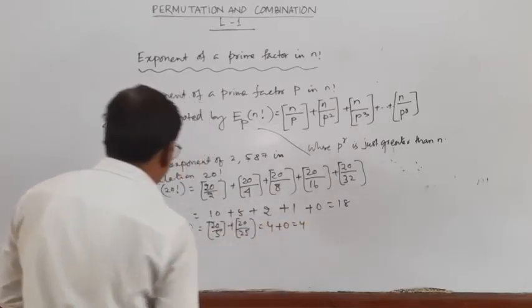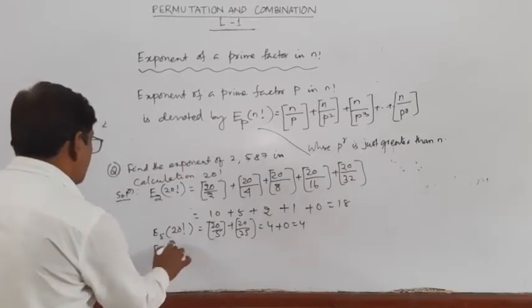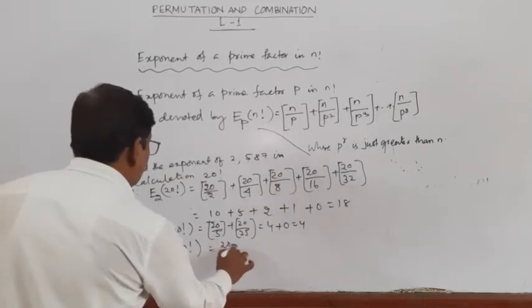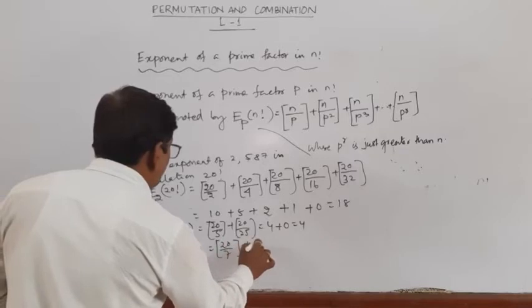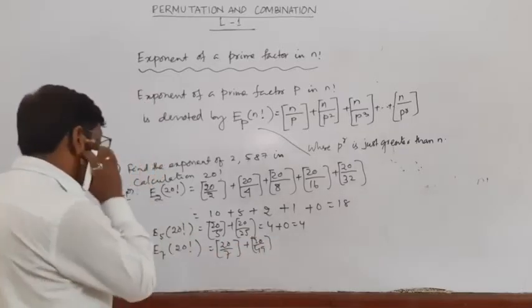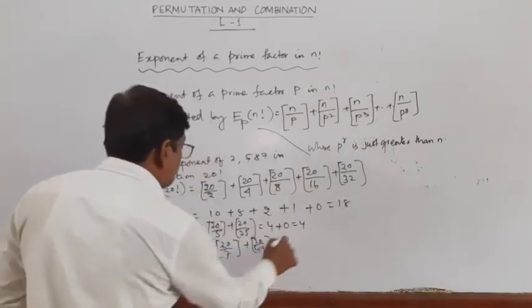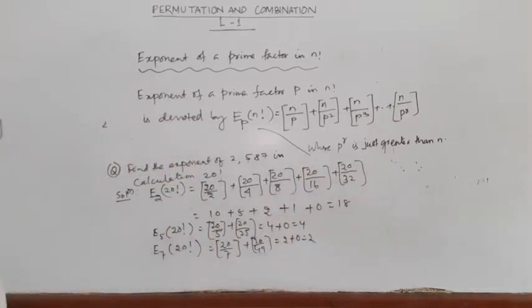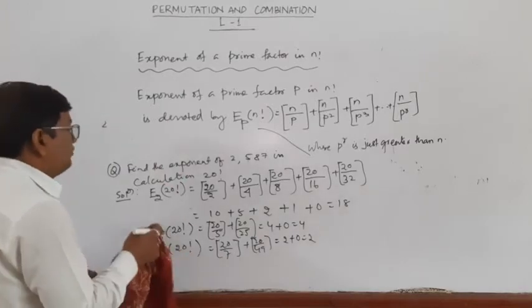So 4. And the exponent of 7 in 20!: [20/7] plus [20/49], which is 2 plus 0, so 2. This is the calculation of exponent.